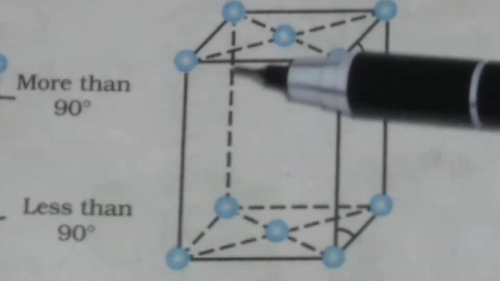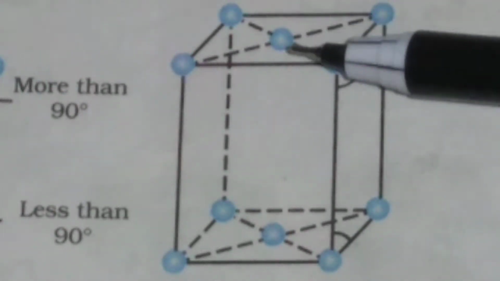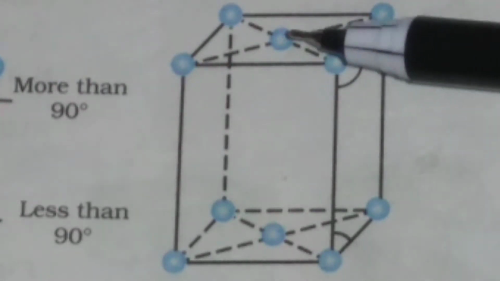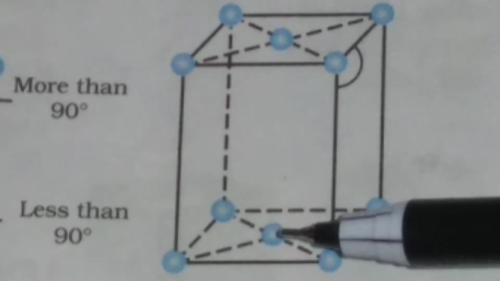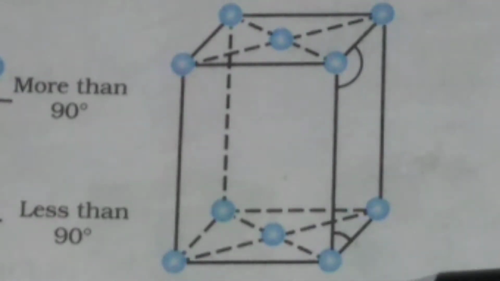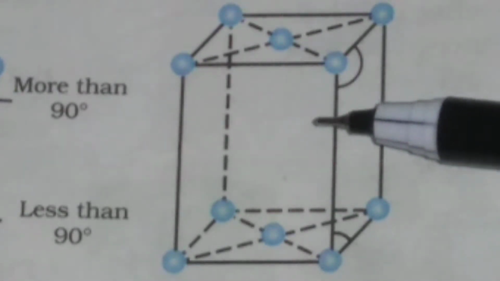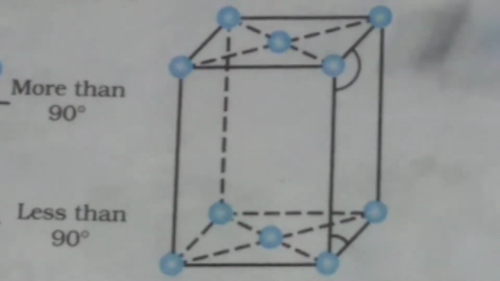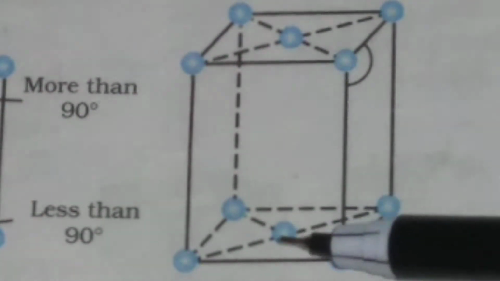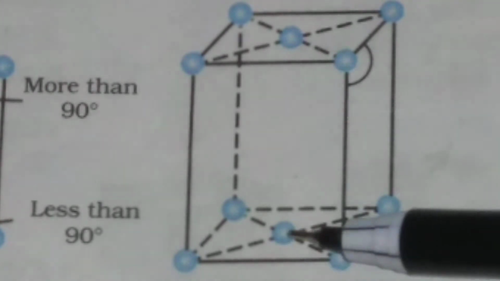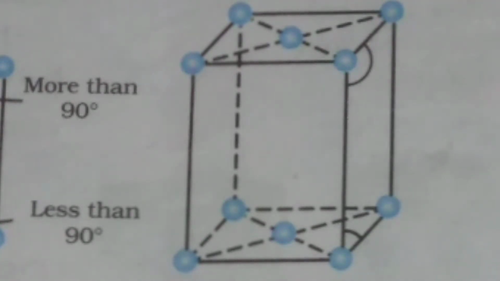You see, for this unit cell, the end centered atom is this one, and this atom is for the unit cell placed below this unit cell. So for each unit cell, the contribution of this atom is 1/2.